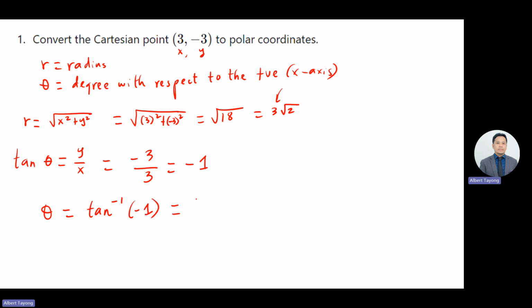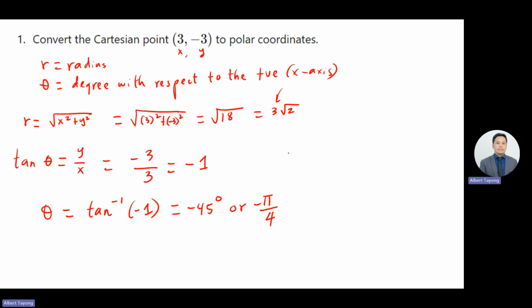The value is actually -45 degrees or -pi/4. Okay, so this is how to change our Cartesian point to polar coordinates. Our x becomes our r and our y becomes our degree.